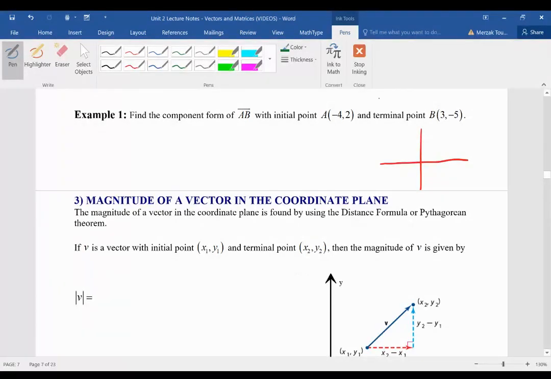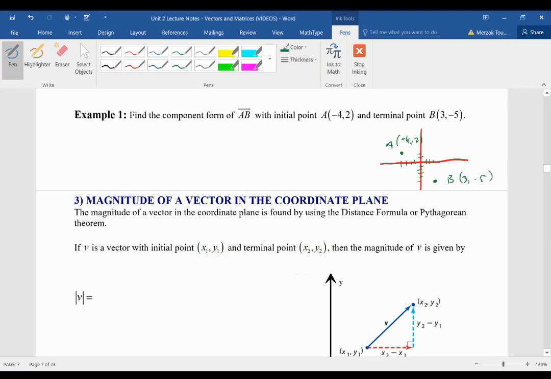So negative 4 comma 2. Let's estimate, this is negative 4, and then this is comma 2. So that's point A. And then this is 3, negative 5. So 1, 2, 3, 1, 2, 3, 4, 5. So these are the 2 points. Negative 4 comma 2, and 3 comma negative 5.